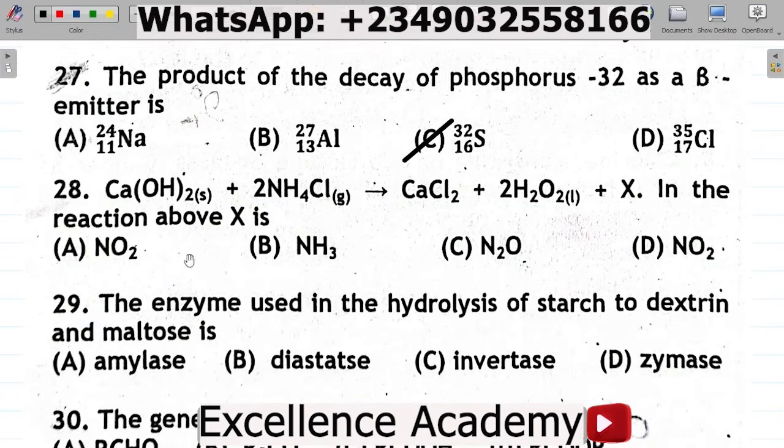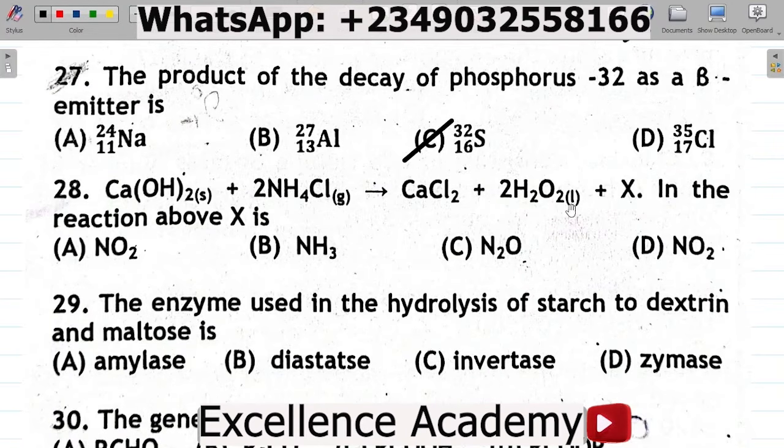Next up, 28. You have calcium hydroxide combining with 2 moles of ammonium chloride to give you calcium chloride plus water plus what?